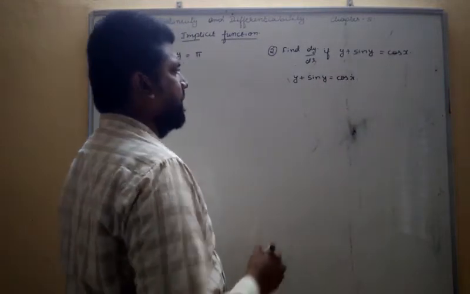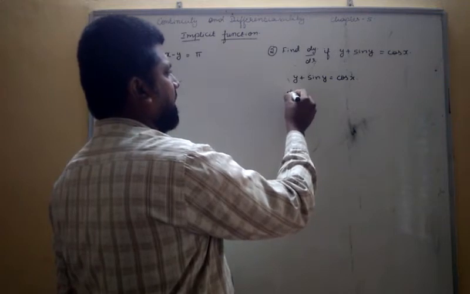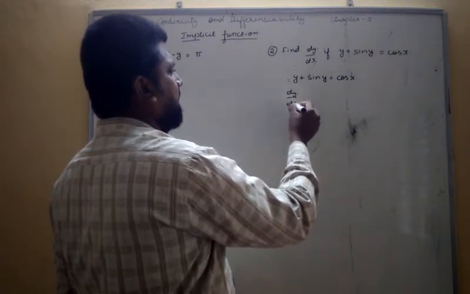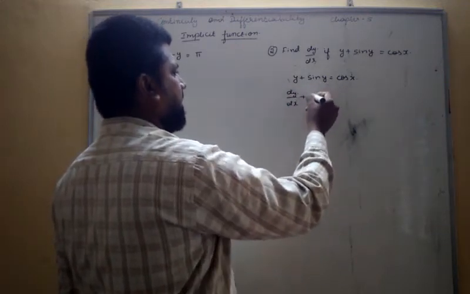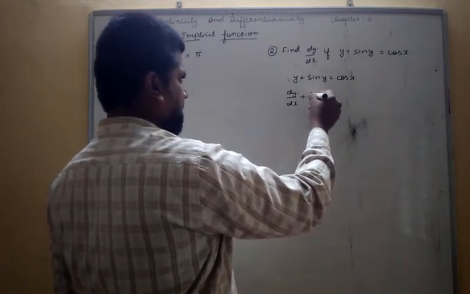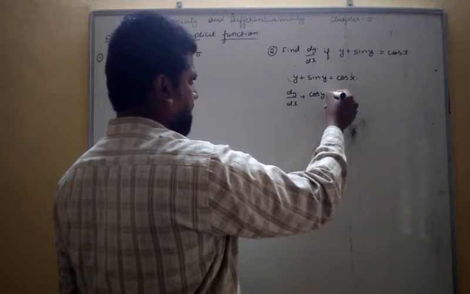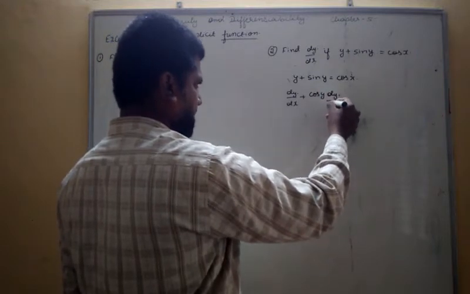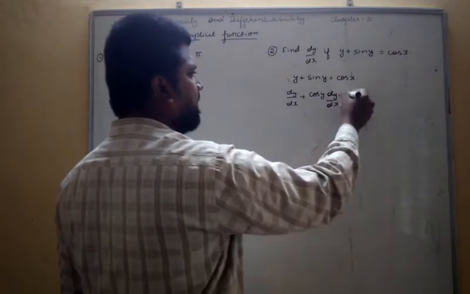So here y differentiation is dy by dx, sin differentiation is cos y. So in the place of x here, y is there, cos y. Since y is there, we have to apply the chain rule again, dy by dx.